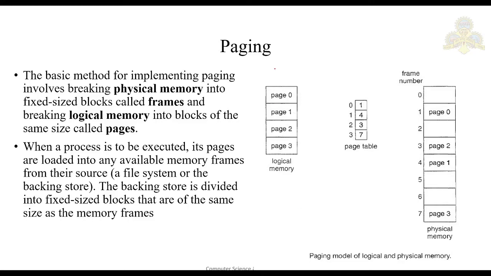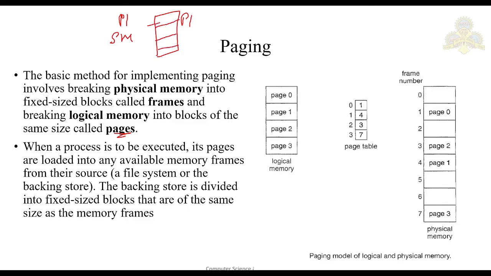Say we have process P1 which is in our secondary memory. In the secondary memory, your process P1 will be divided into equal sized portions, and those portions we call pages, right? Something like this.